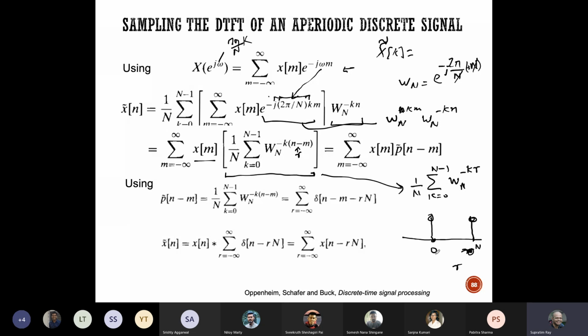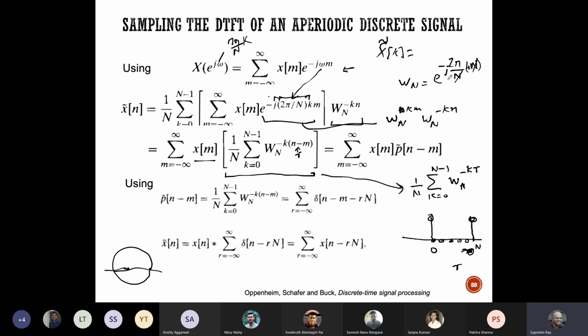And at every other point, it is actually 0. We have done this proof before. It's basically looking at N vectors.